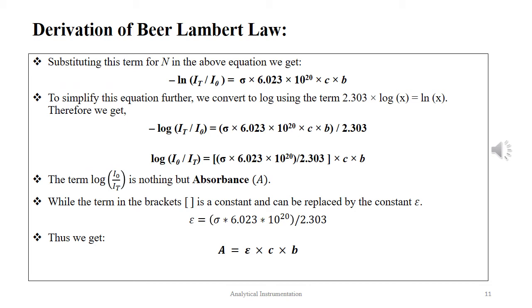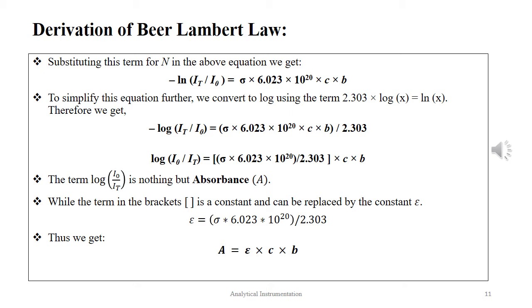Substituting this term for n in the above equation, we get minus ln It by I0 equals sigma into 6.023 into 10 to the power 20 into C into b. To simplify this equation further, we convert to log using the term 2.303 into log x equals ln x.